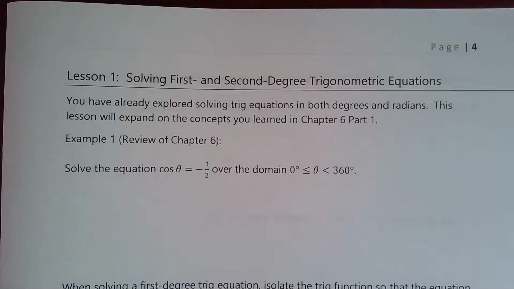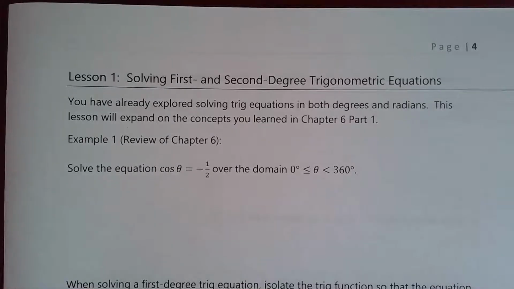Today, what we're going to do is get started on our chapter 7 booklet, and we are just going to go over lesson 1, examples 1 through 4, focusing on solving first degree trig equations.